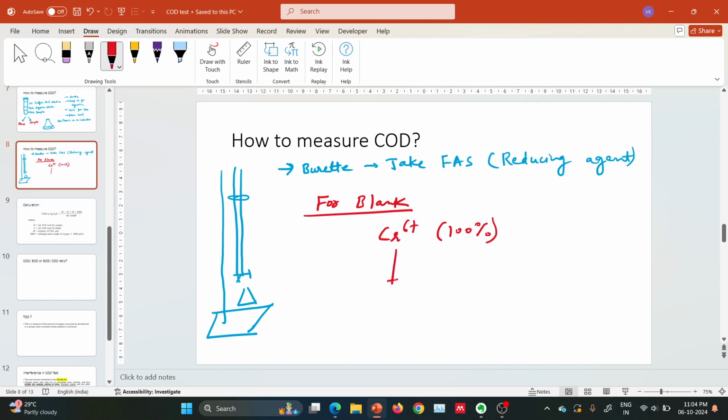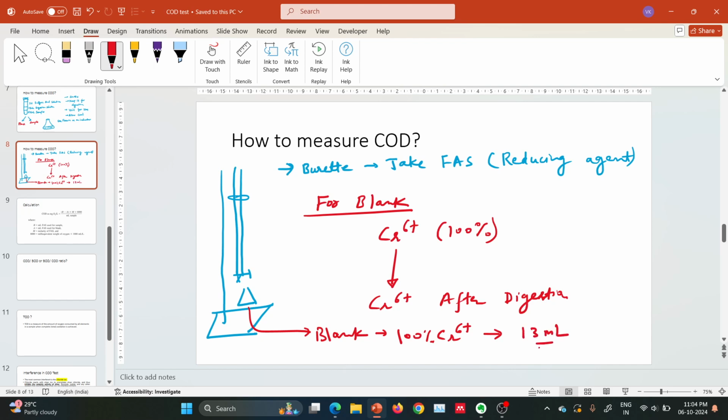So after digestion you will get nearly 100% Cr6 plus in the blank. To reduce 100% Cr6 plus, more titrant volume is required. Let's say 13 ml titrant is required.